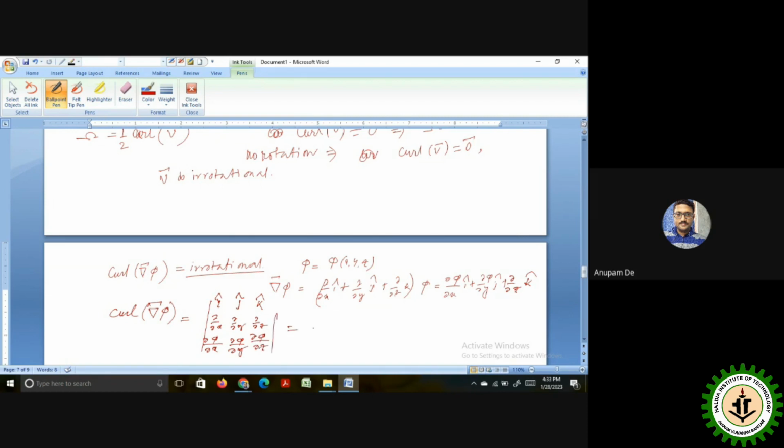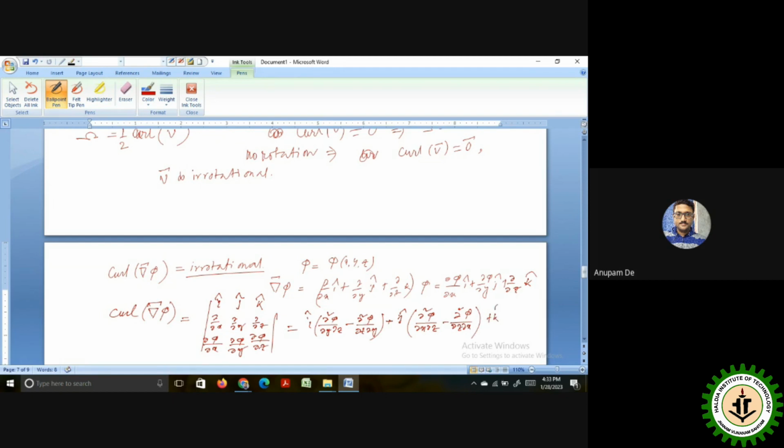So if you expand, you are going to get i into del 2 phi by del y del z minus del 2 phi by del z del y, plus j into del 2 phi by del x del z minus del 2 phi by del z del x.